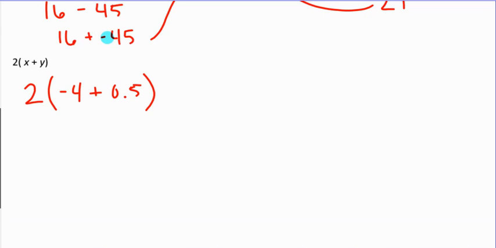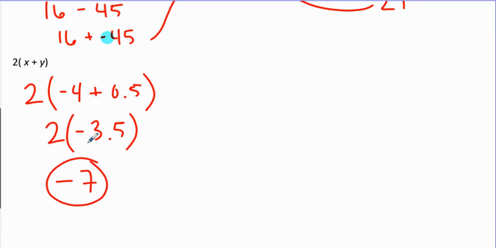So a -4 plus a half is -3.5. And I'm timesing that by 2. So I have a positive times a negative, which yields a negative. And 2 times 3.5 is just like $3.50, right? 3.50 twice would be 7. So I have -7.